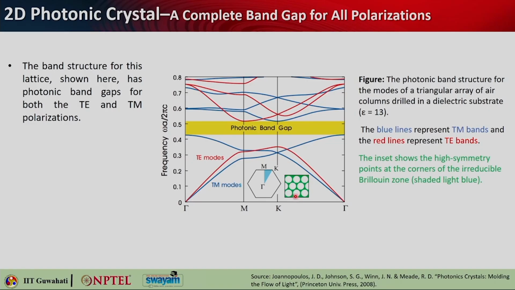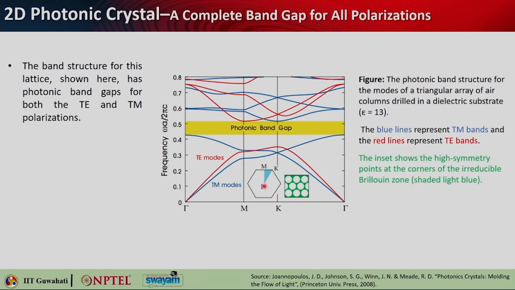You can see that this structure will have a hexagonal Brillouin zone, and this particular triangle marked with gamma, K and M is the irreducible Brillouin zone. So, once again, if you want to draw the dispersion relation, you will have the normalized frequency on the y axis, and along the x axis you have the wave vector.